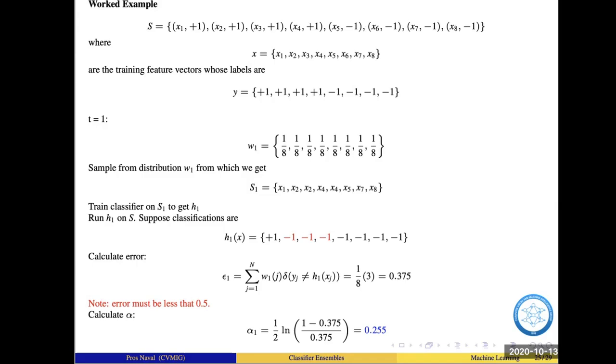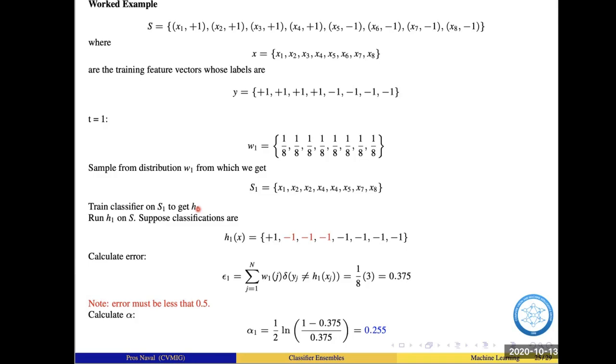Now we go to iteration 2, which involves computation of the W's, because this will no longer be 1/8. The elements will be higher for those on which the candidate hypothesis made a mistake.